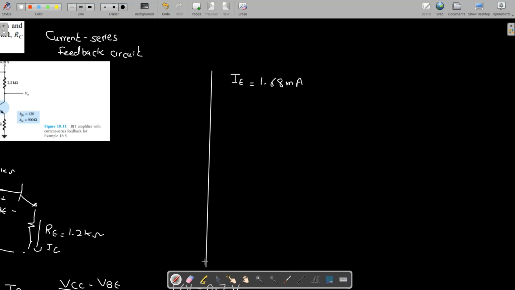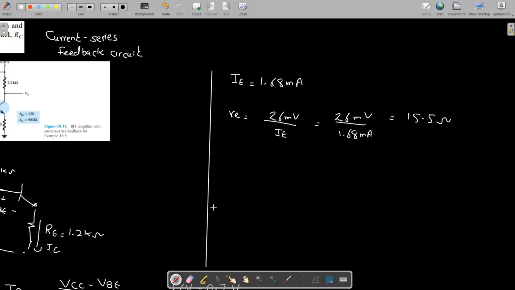Fine. Now from this we can find the re. So re, we know that 26 millivolt divided by the IE, and IE is your 1.68 milliampere. If you solve this, you are going to get 15.5 ohm. So this is your re. Now why do we require re?